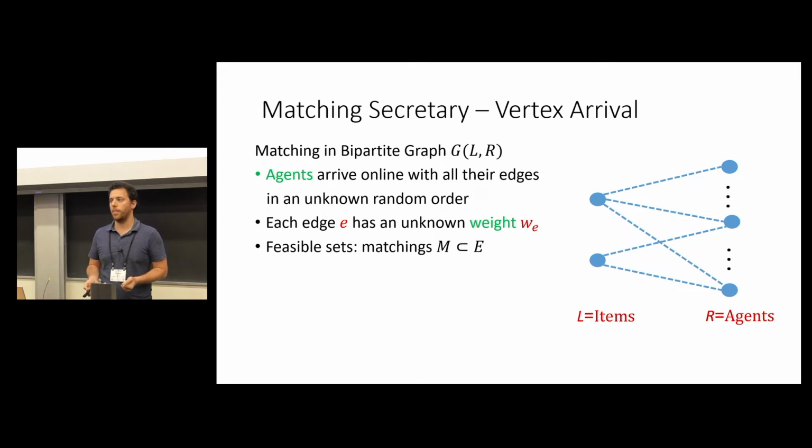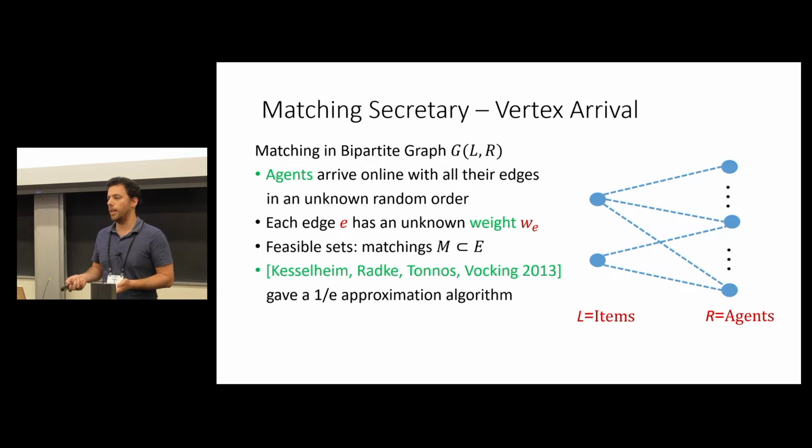So let's start with the vertex arrival. Like it was already studied by Kesselheim et al., you have the simplest model of vertex arrival. You have a bipartite graph. You can think of one side as items, which is static, and the other side as the agents that arrive online, with weights on the edges that are chosen by the adversary.